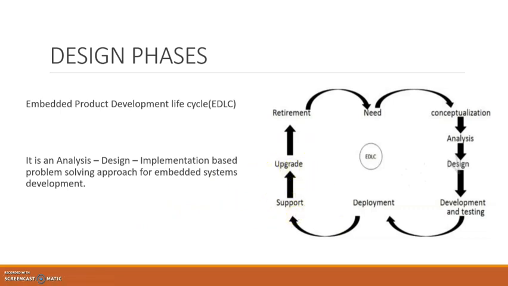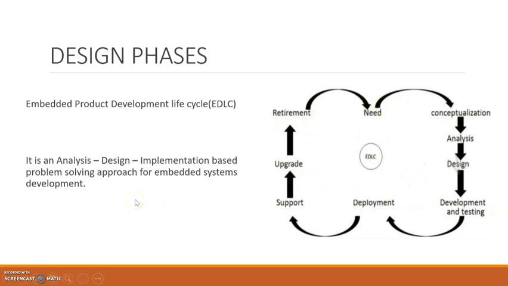So initially we have made a product. Now we require some changes or some add-ons. So that is upgrade. Then the last thing is retirement, which means the demand of the product has reduced and it is slowly getting removed from the market. So this is what happens in these various phases or sections of this life cycle.